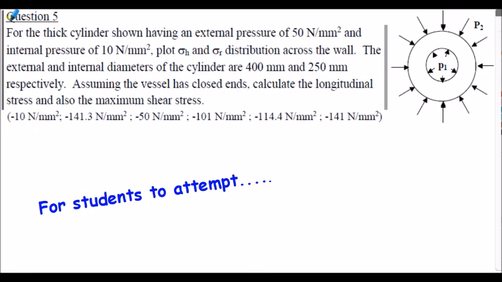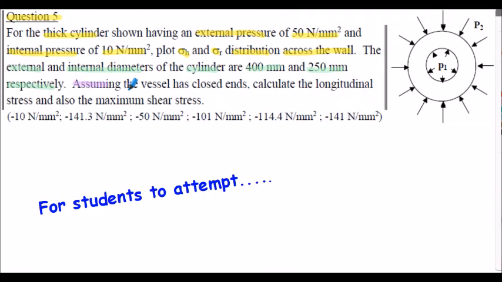In question 5, I'm going to leave for you to attempt at your own pace. For the thick cylinder shown in the sketch, having an external pressure of 50 newtons per millimeter squared and an internal pressure of 10 newtons per millimeter squared, we're asked to plot the hoop stress and the radial stress distribution across the vessel wall. The external and internal diameters of the cylinder are given as 400 millimeters and 250 millimeters respectively.